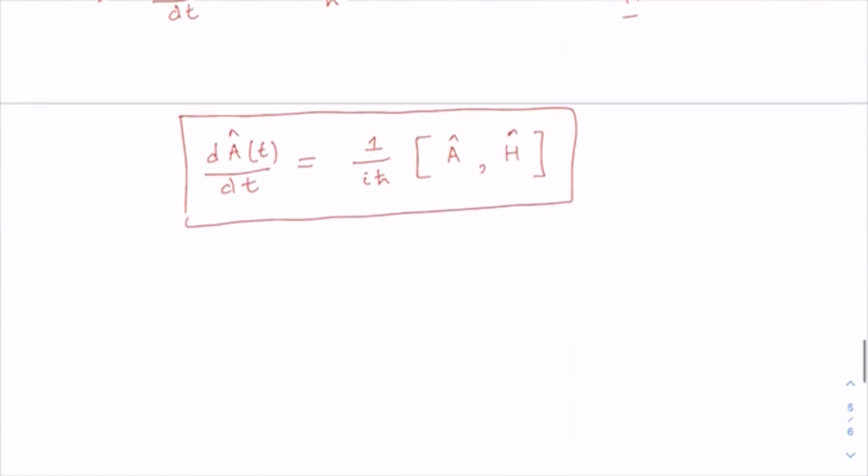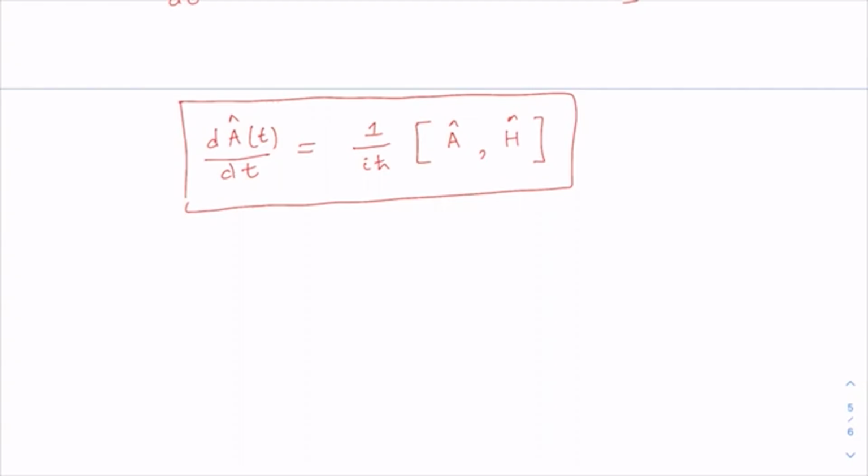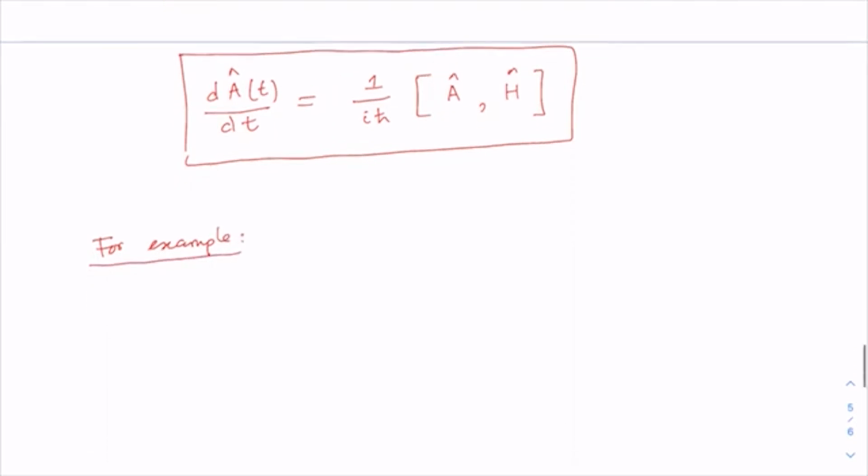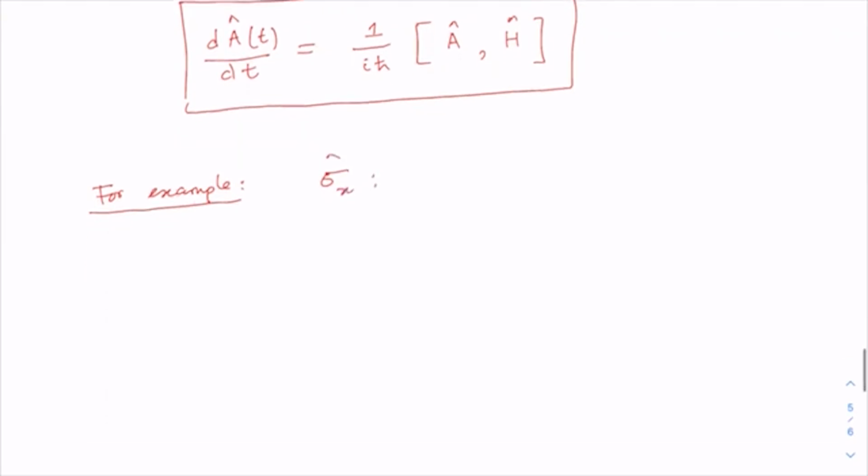Let us now apply this equation to the Pauli matrices. For example, let me first do it for the x component of the Pauli matrix, sigma x. Then this Heisenberg equation says we will have d sigma x by dt is equal to 1 by i h cross, the commutator of sigma x and the Hamiltonian.